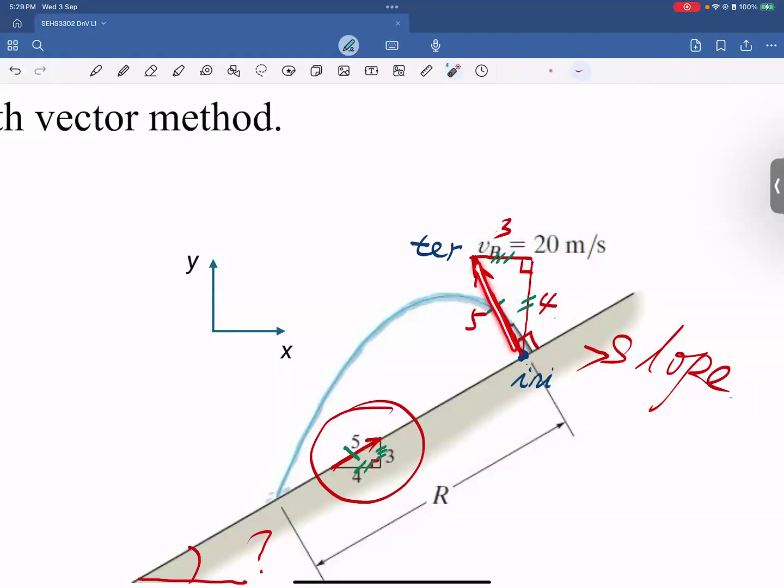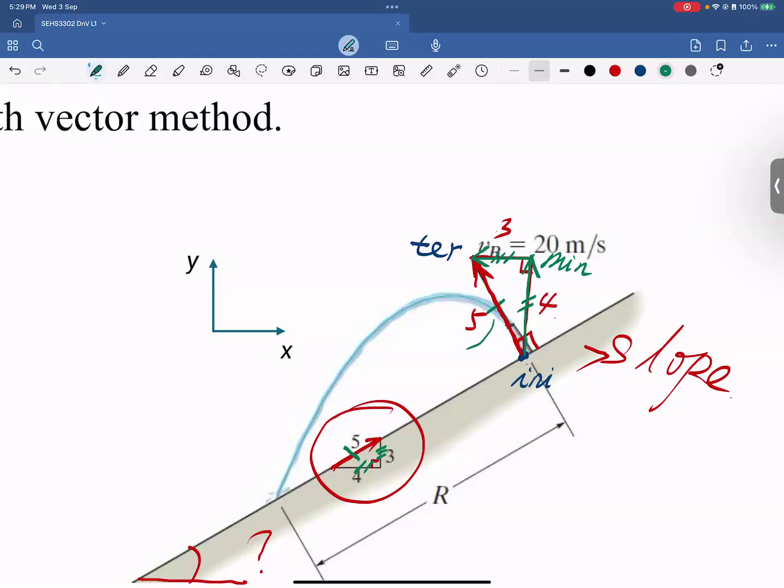To come to the terminal, we're gonna have 2 steps, from initial to a middle point vertically, and then second step, from middle point to the terminal horizontally, right? So we can do it in 2 steps.